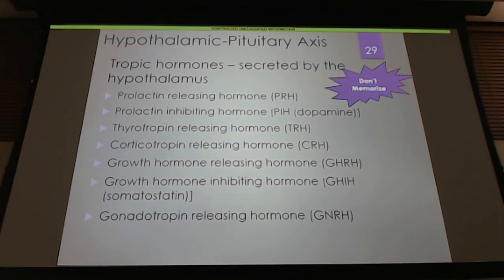Prolactin releasing hormone, it's telling the pituitary we need more prolactin. Growth hormone releasing hormone. Growth hormone inhibiting hormone, right? It's in the name, so I do appreciate that. But don't memorize that. There are a few times where I need you to understand the hormones released by the hypothalamus, and they'll be really evident. Okay, just know that anterior pituitary isn't just working on its own, right? It's in conjunction with the hypothalamus.